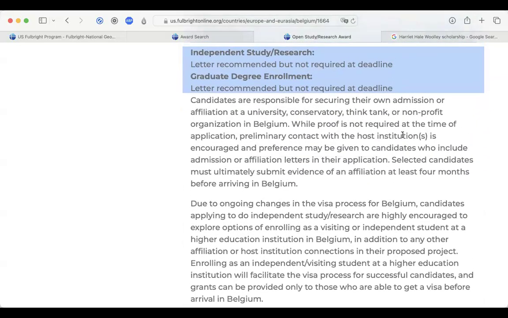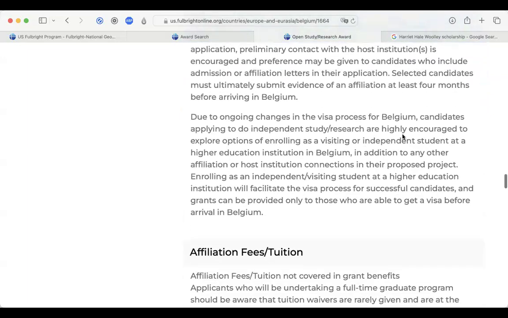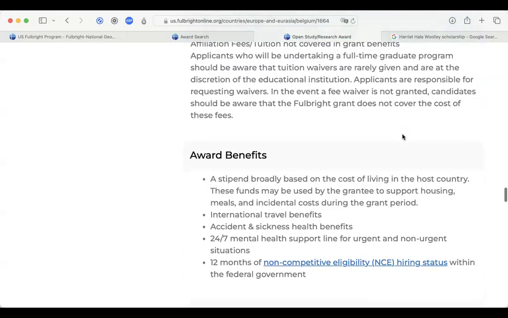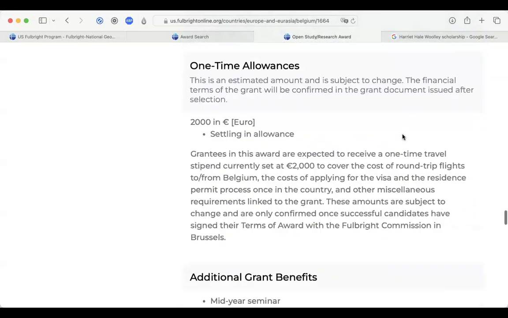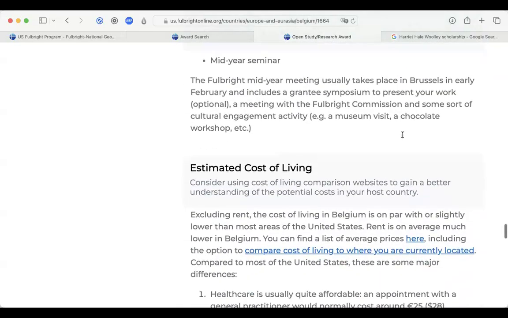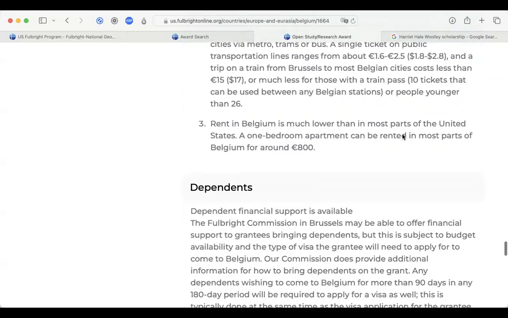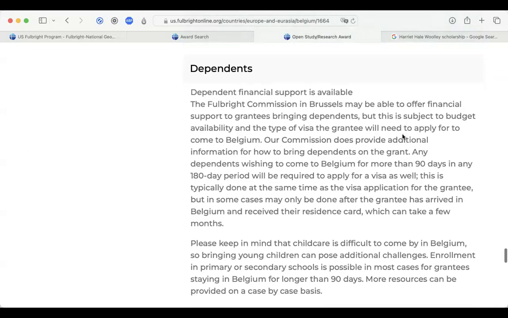So please don't let that stop you from applying. But if you are working a couple months in advance, you should be able to get a letter of affiliation and include that and have someone saying, hey, I really like this person. They will do great. They will add something that we don't have. I expect that they will be a great contribution, and I recommend that you give them the award, essentially.